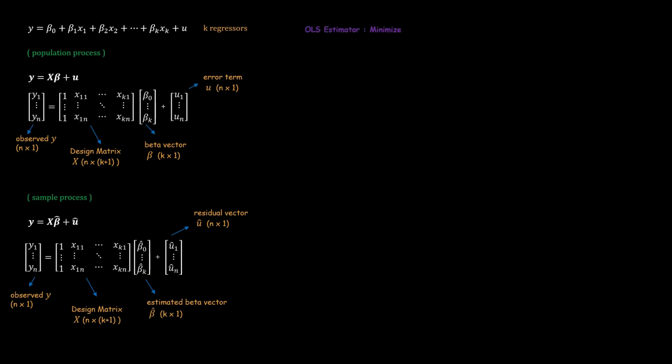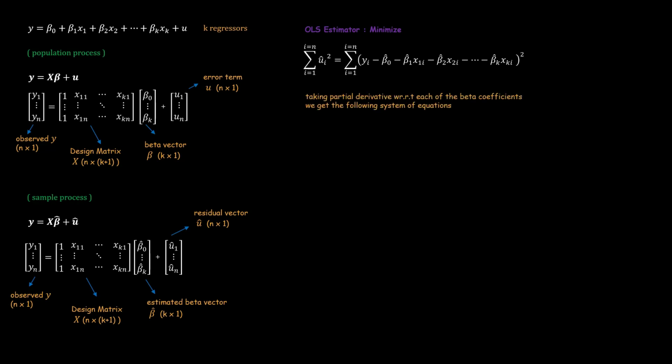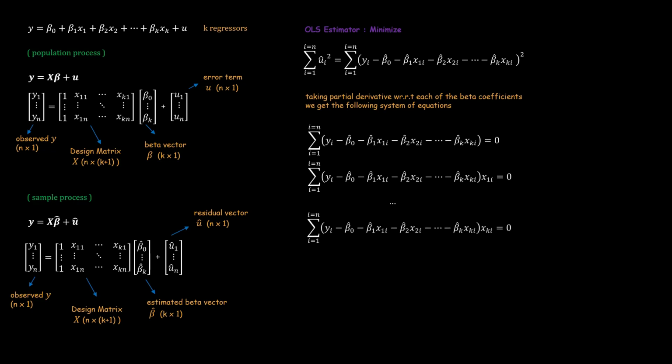Now our OLS objective is to minimize SSR, or sum of squared residuals. So taking the partial derivative with respect to each of the k plus 1 beta coefficients, we get k plus 1 equations. The first equation, which comes from differentiating with respect to beta 0, is interesting.